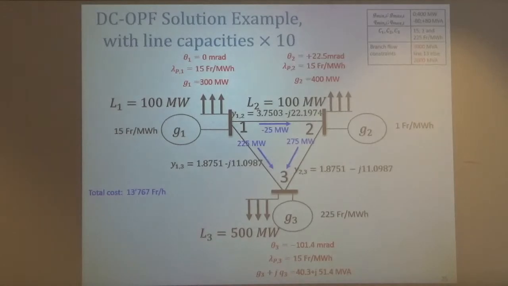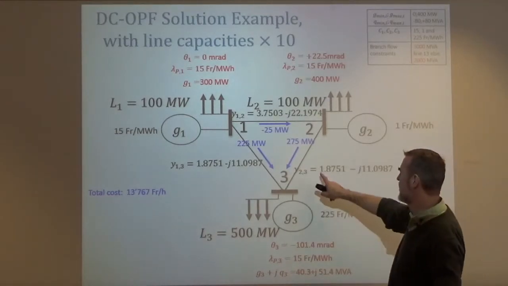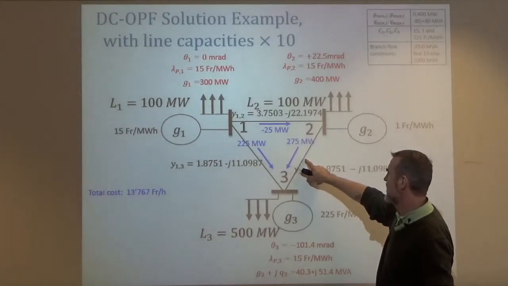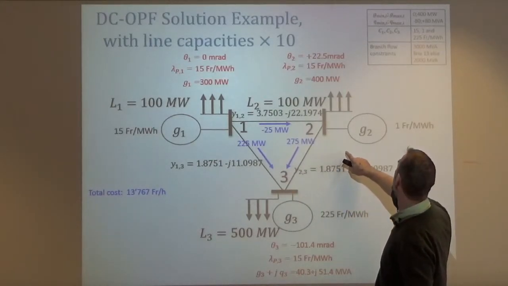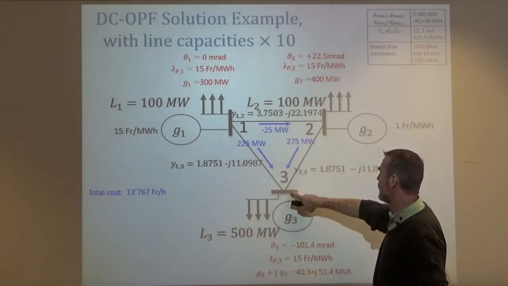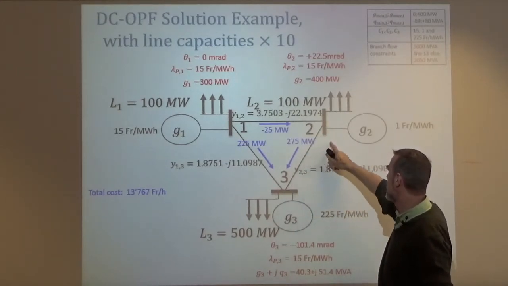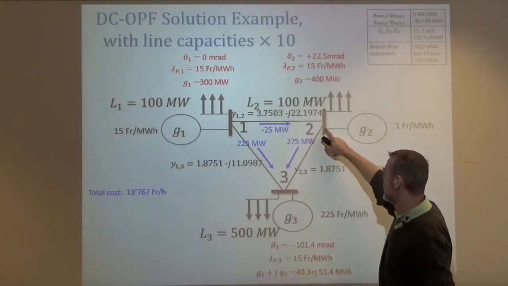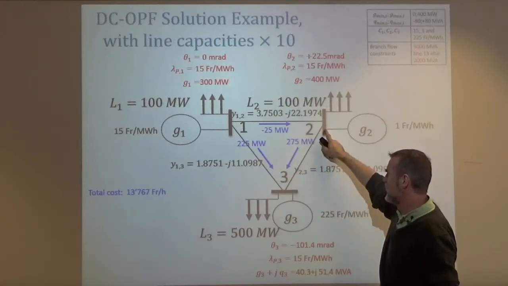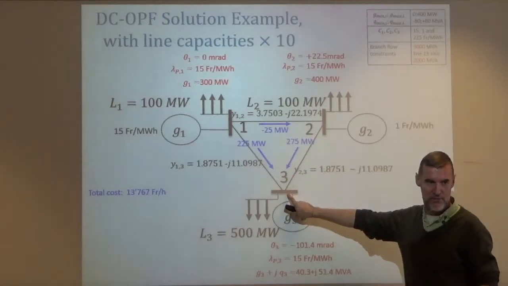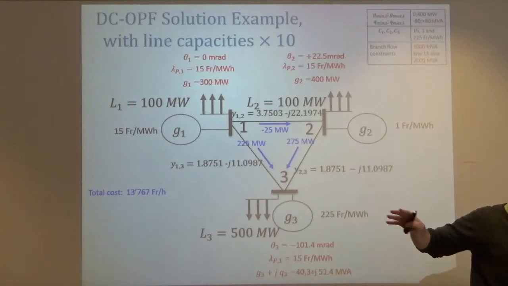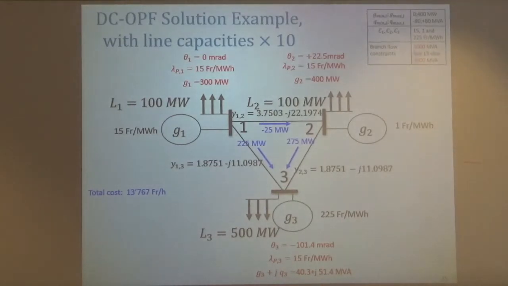We still find that the power flows are indirect. So here, the capacity of this line is practically infinite. But those 400 megawatts don't go directly from bus 2 to bus 3. Right? This is the difference with a flow routing problem.